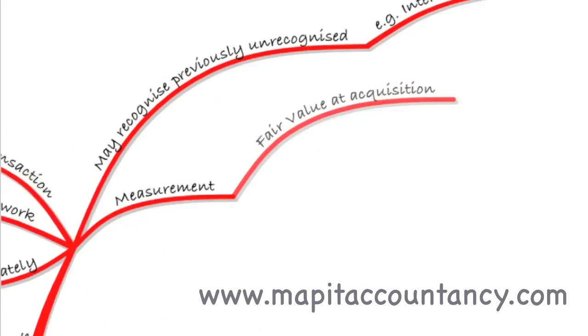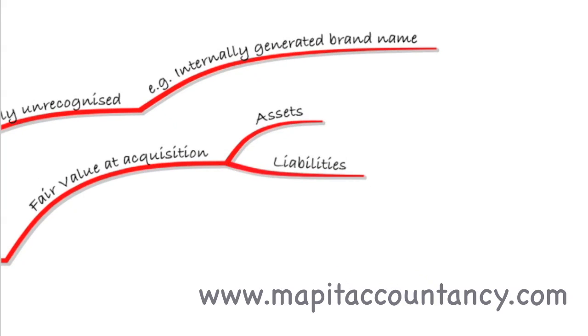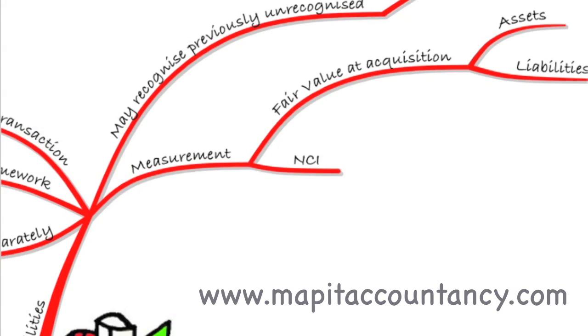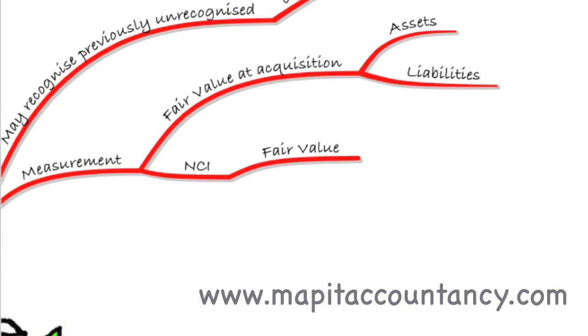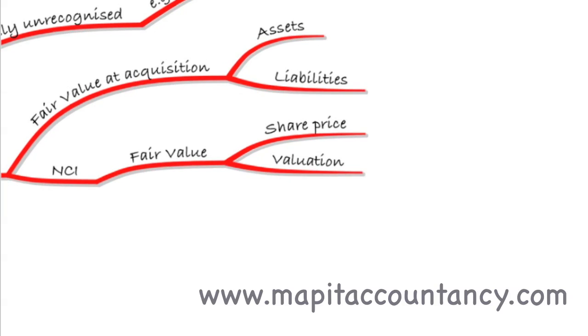Measurement, how do we measure? Well, fair value at acquisition, as we've already said. We're going to do that for our assets and for our liabilities. The non-controlling interest, we have two methods we can use to measure the non-controlling interest. We can either measure it at fair value, and that's using share price or valuation, and that will lead to our gross goodwill.